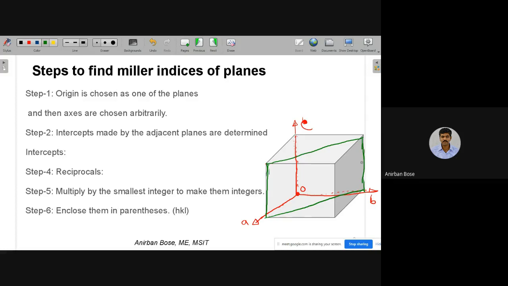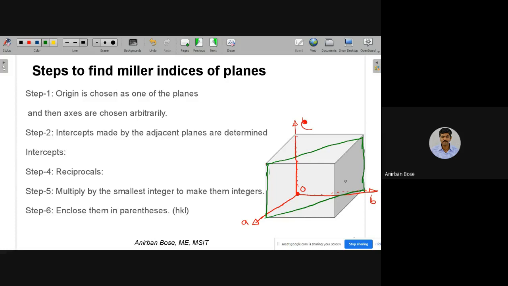We have to find out the Miller indices of the set of planes parallel to this plane, assuming that another plane exactly parallel to this one is passing through the origin. All other planes are parallel to this, at a distance between the origin and this plane.